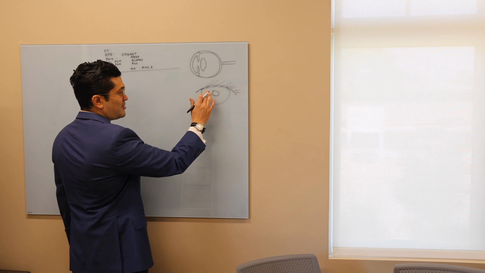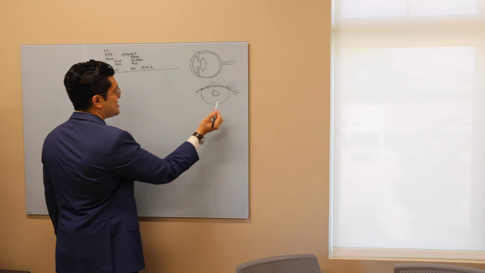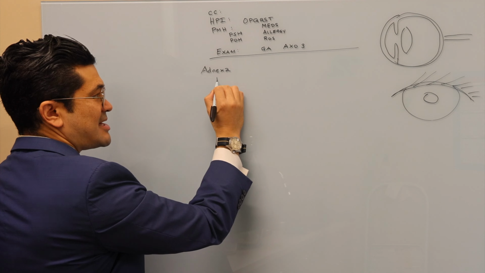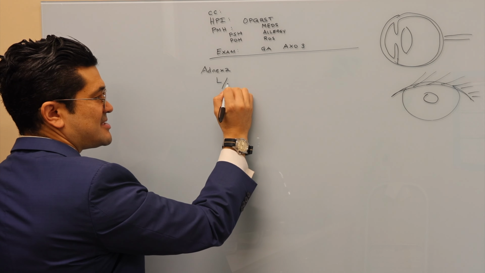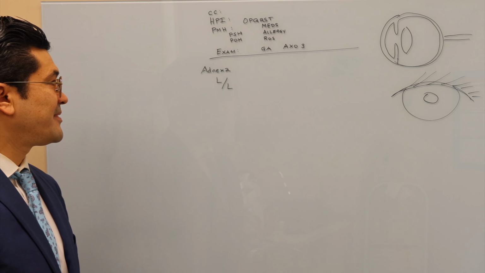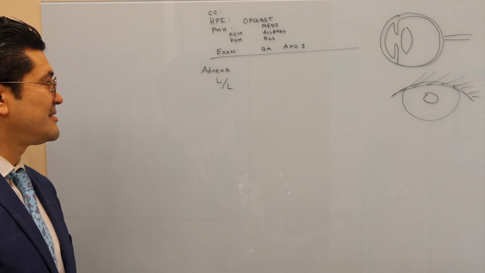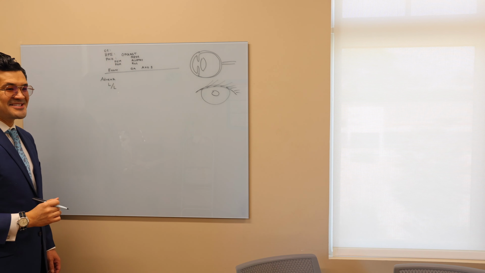As we work our way closer, we get to the eyelid, eyelashes, and usually in notes that will be written down like this, L and L. Eyelids, eyelashes.